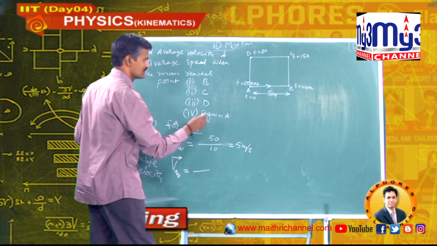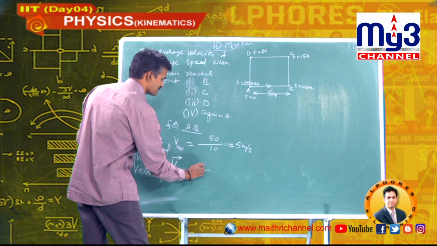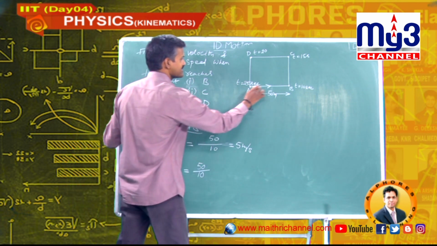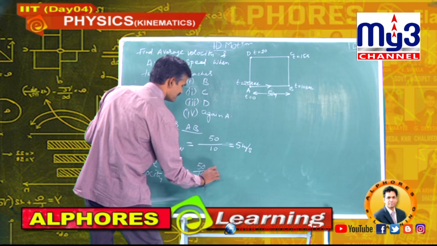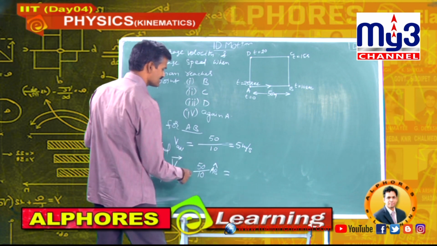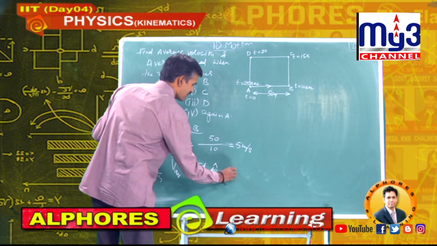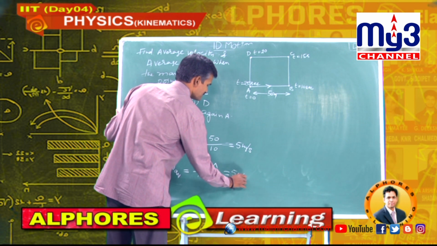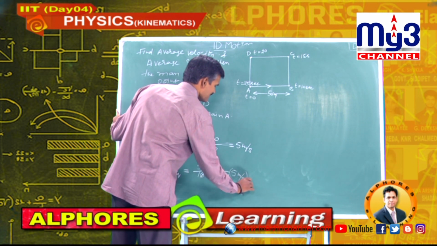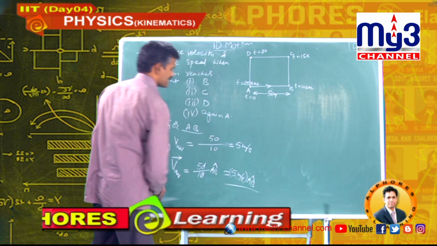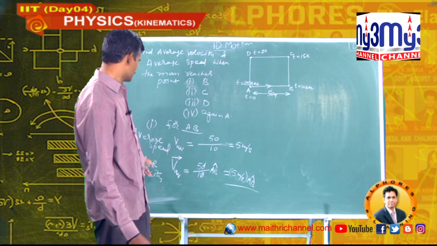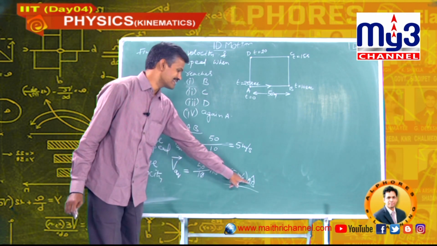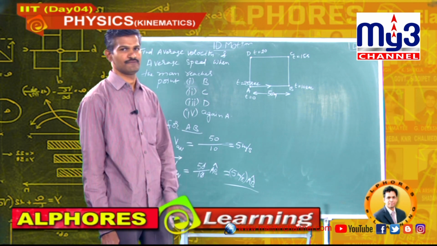So that is displacement 50 by time 10 into direction AB cap. The 0 gets cancelled, 5 meter per second into AB cap. It is important to mention the direction for average velocity.